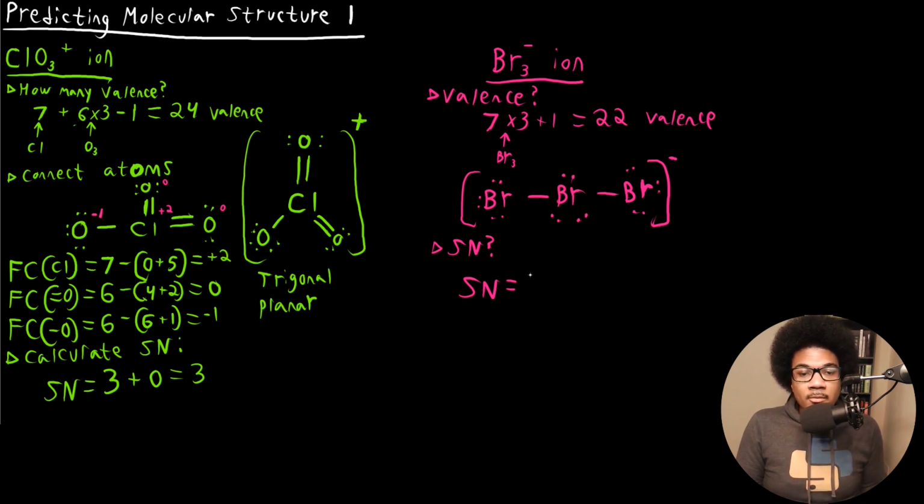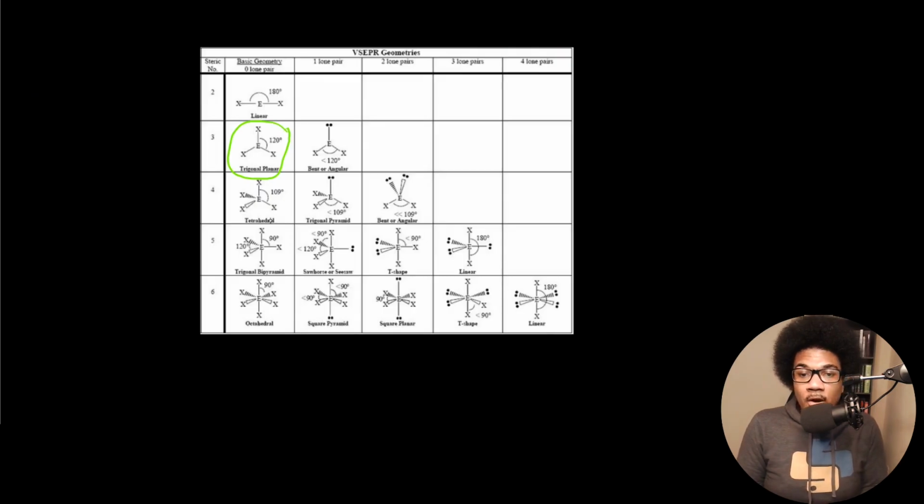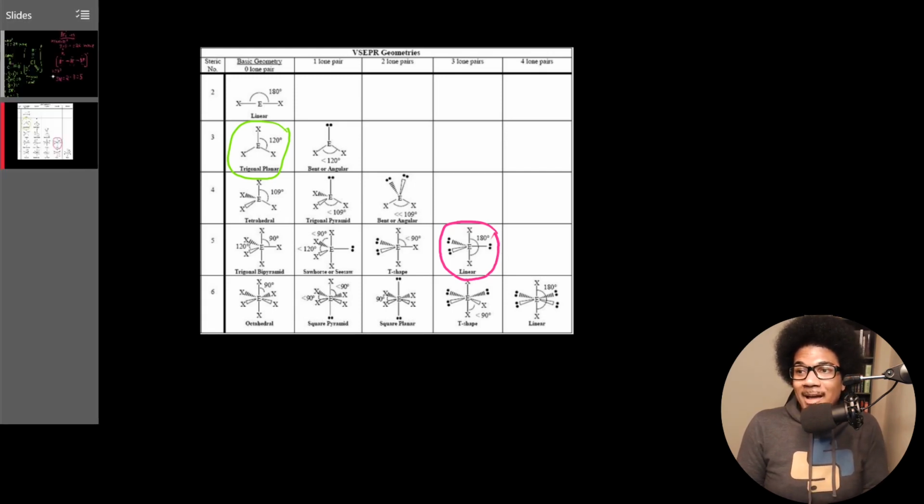And we have 2 atoms bonded to this bromine, plus we have 3 lone pairs. So that's going to give us a steric number of 5 for Br3 minus. Going back to our chart, if we have a steric number of 5 with 3 lone pairs, that actually gives us this linear structure.